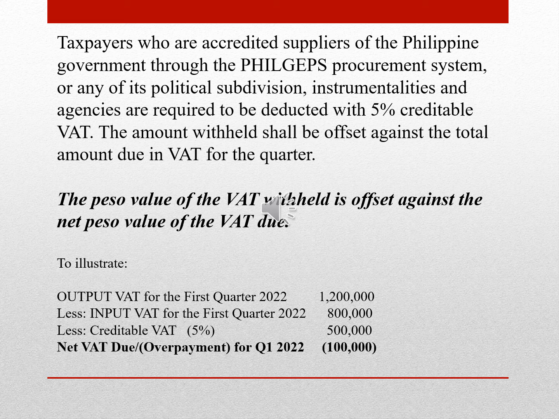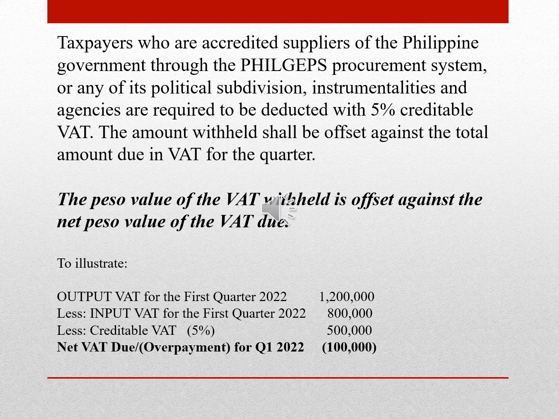Now, if not all of your transactions are to the government, before, we would have to prorate the amount of input VAT that you will deduct from your output VAT because of this.